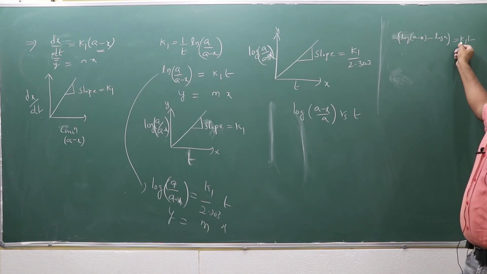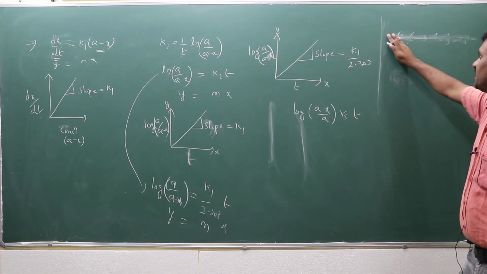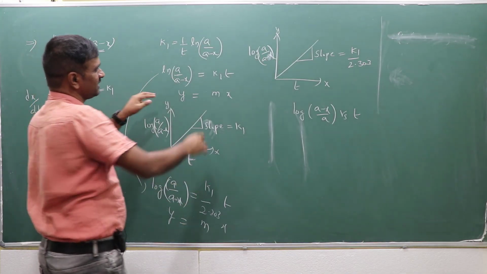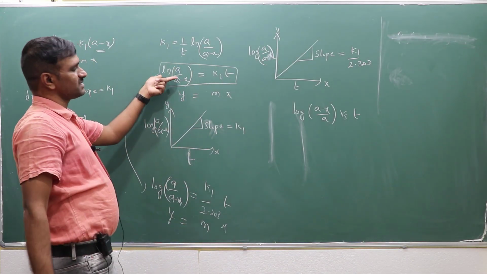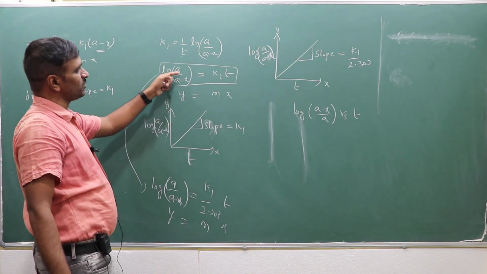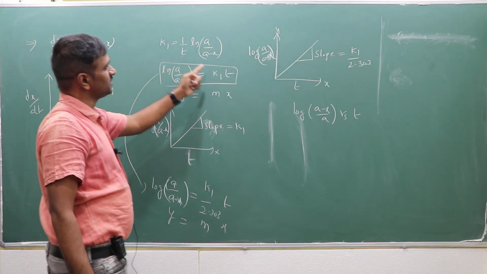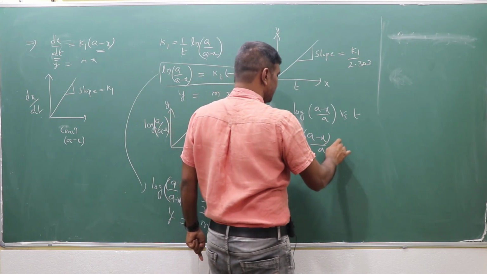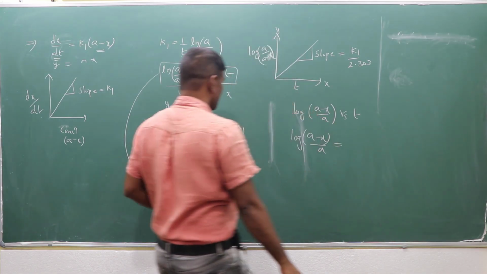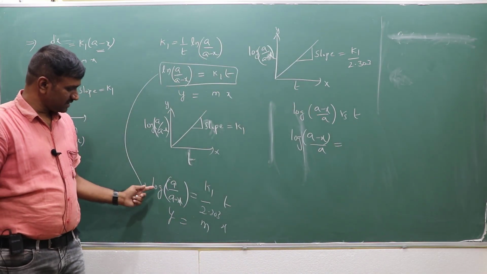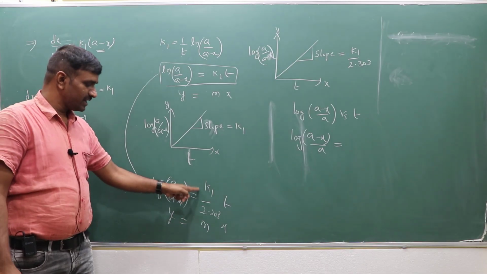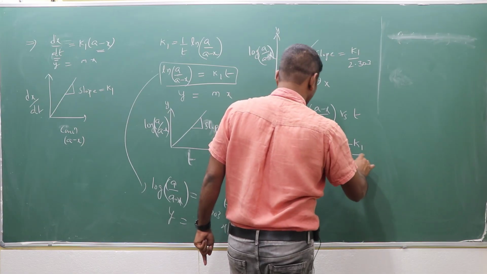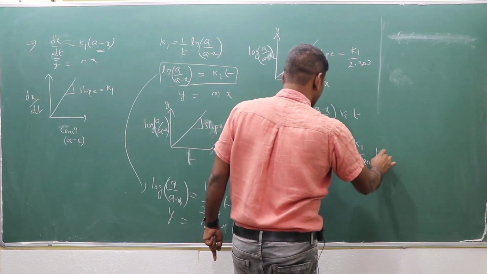So this is shifted to the right side, minus k1. Then log a minus x by a is equal to minus k1 t. Here the numerator and denominator are interchanged, so the minus is added. So log of a minus x by a is equal to minus k1 by 2.303 t.